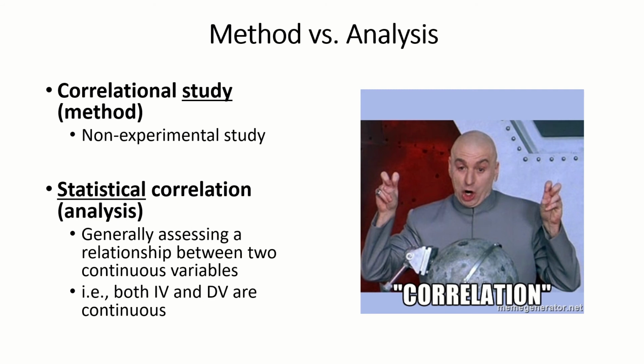Up to this point, our DVs have always been continuous, but our IVs have been categorical. And when we have categorical independent variables, we are assessing differences between mean scores. We're examining mean differences. We're not going to be talking about mean differences anymore with correlation and eventually regression. All our variables now are continuous.